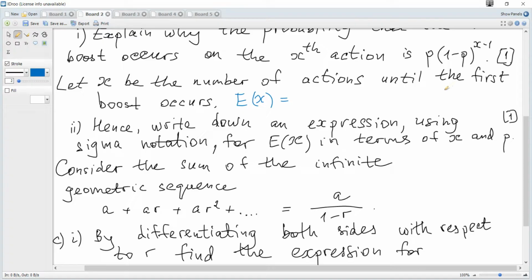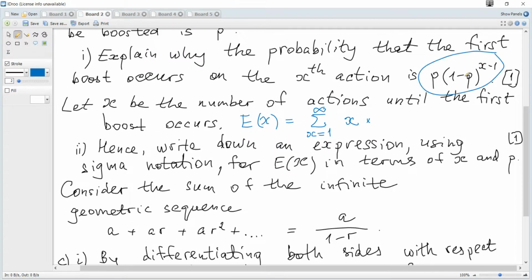So the first boost may be at absolutely any trial, at any number of action, so it becomes the sum for x from 1 up to infinity of x multiplied by the corresponding probability, and the corresponding probability is this value.